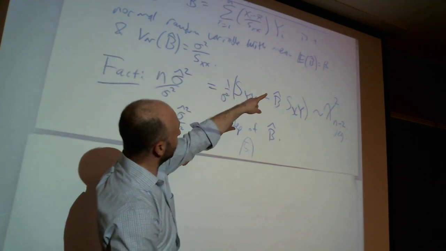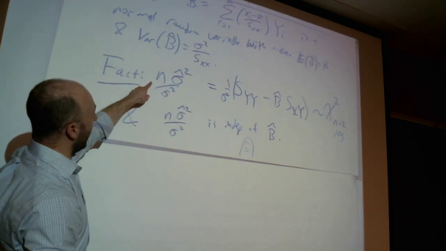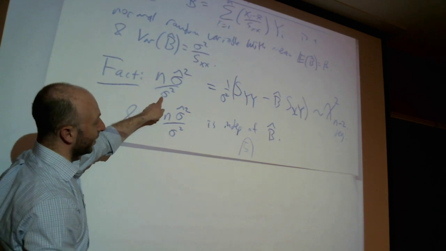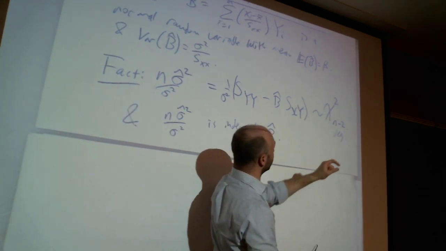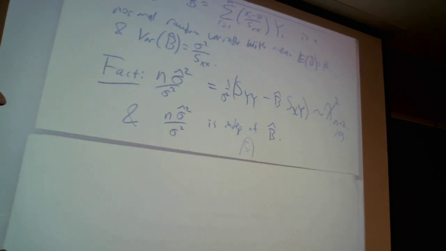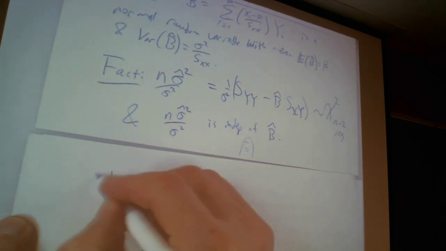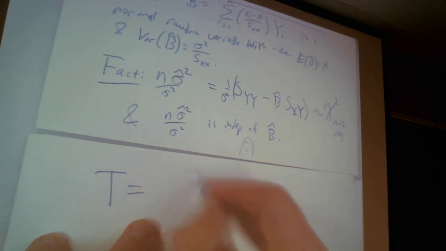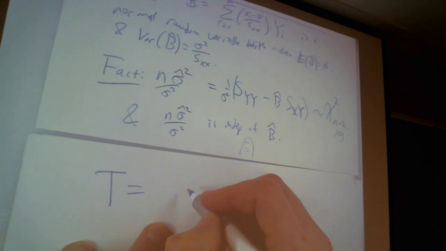It's normal. That's its mean. This is its variance. N sigma hat squared over sigma squared is chi-squared with n minus 2 degrees of freedom. That means, given a Gaussian and a chi-squared that are independent, I can construct a t variable. So what's my t variable? I need a normalized Gaussian. Where do I get a normalized Gaussian from?